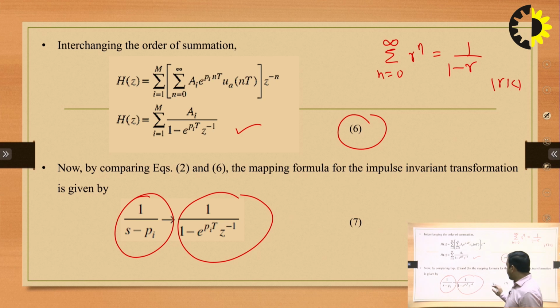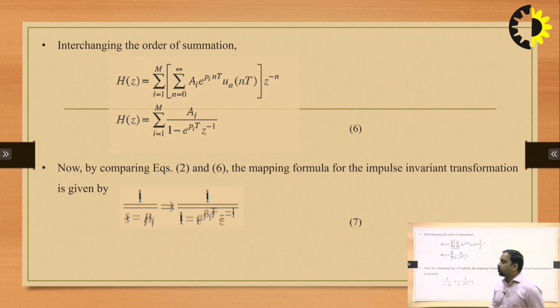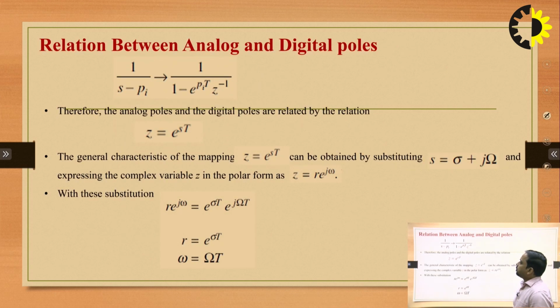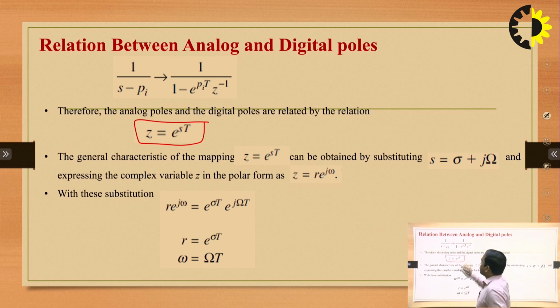On the basis of this equation number 7, I'm going to find the relationship between the s domain and the z domain. If we put s equal to p_i, we have a relation which is z equals e raised to power sT, where this particular factor is called the mapping factor.